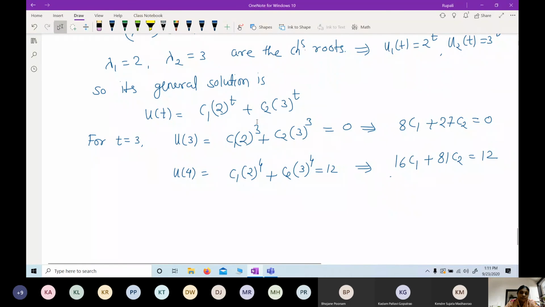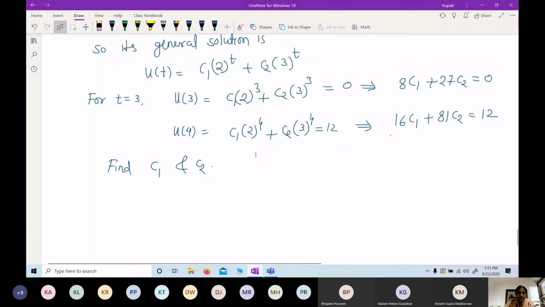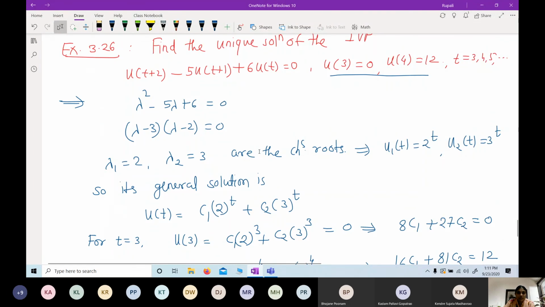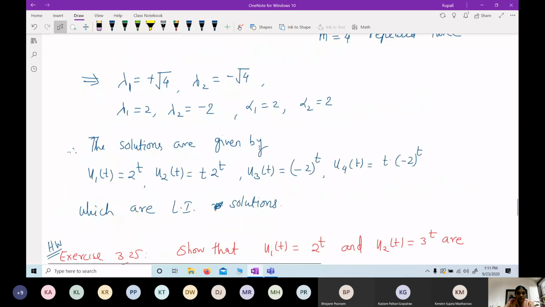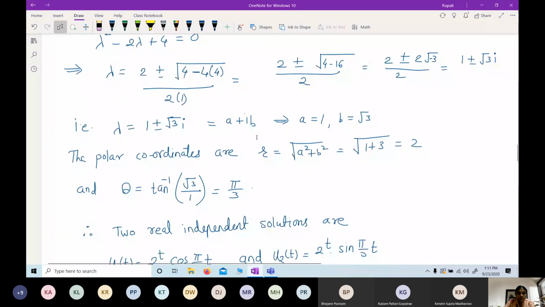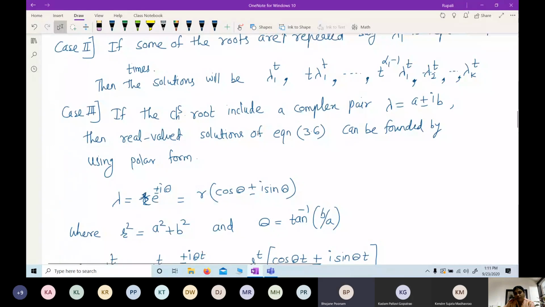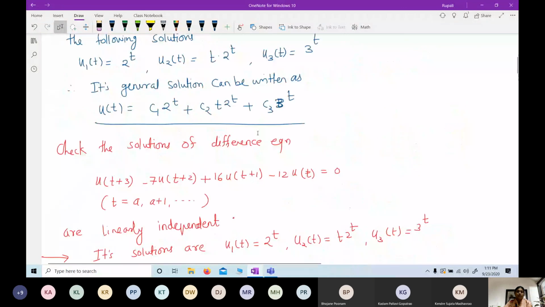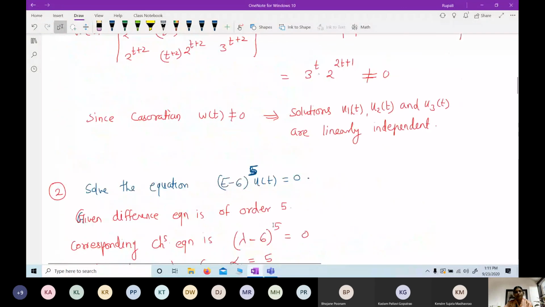Is that okay? Find c1 and c2. That will be your particular solution. Can you do this now? Yes, ma'am. Okay, so we can stop here and we'll continue tomorrow.